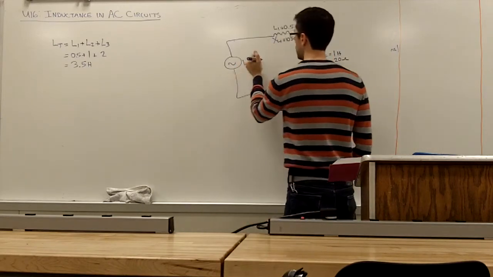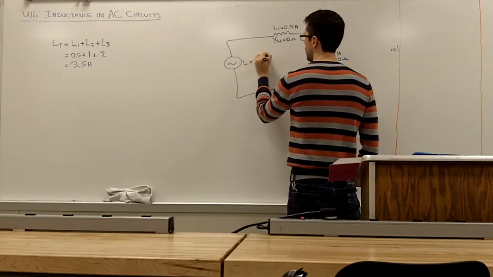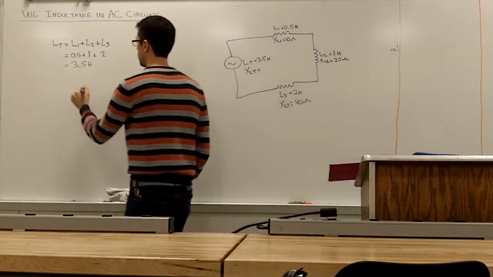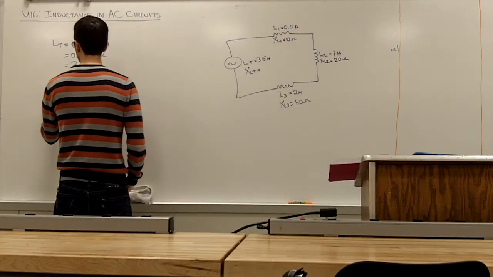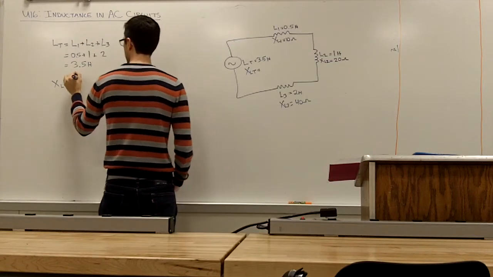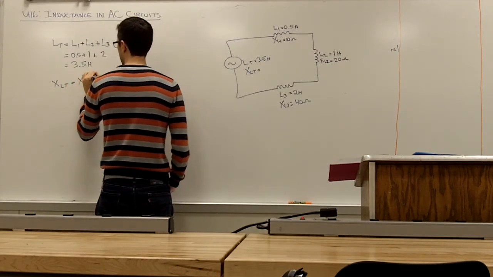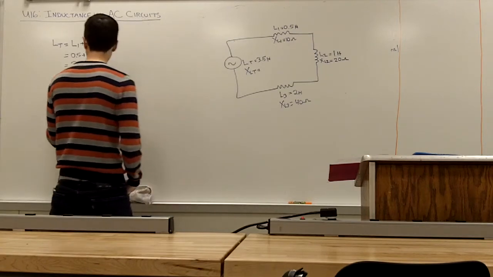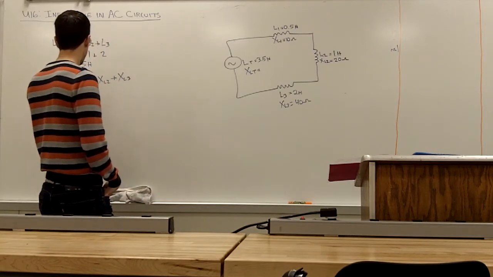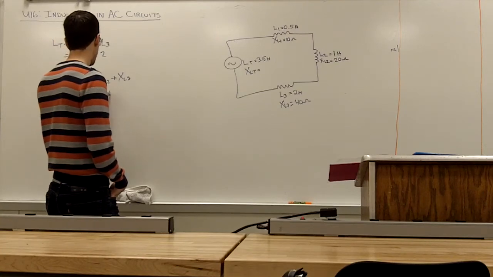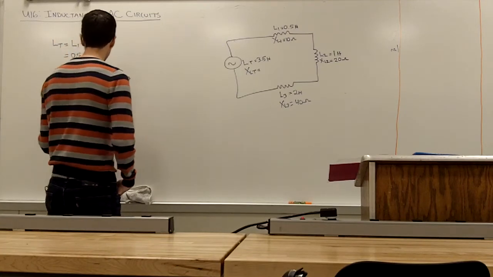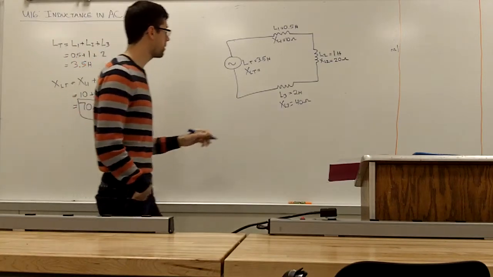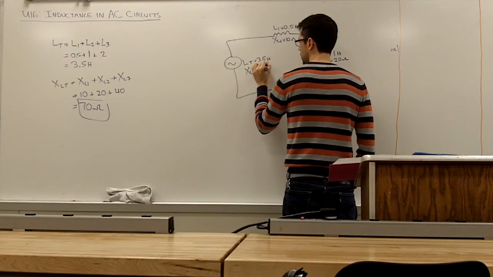That means the total inductive reactance is simply the sum of each one. So XLT, the total inductive reactance, is XL1 plus XL2 plus XL3, which is going to be 10 ohms plus 20 ohms plus 40 ohms, which gives us a total of 70 ohms of inductive reactance for the circuit.